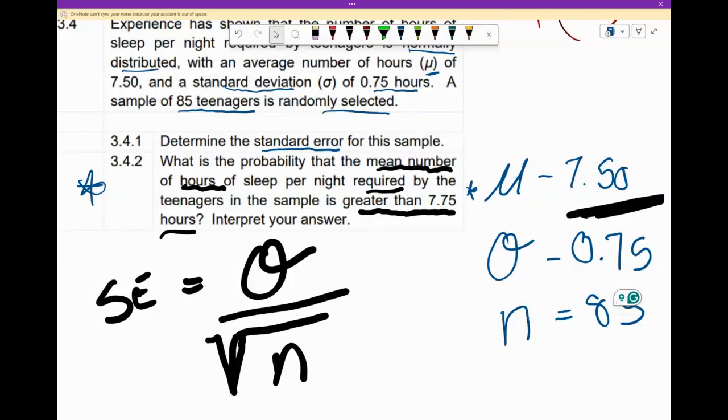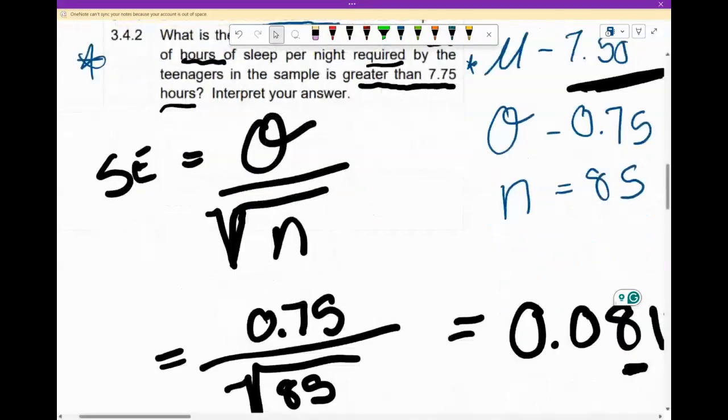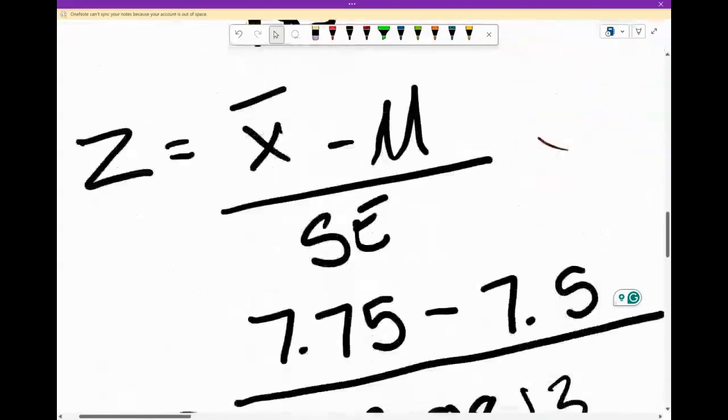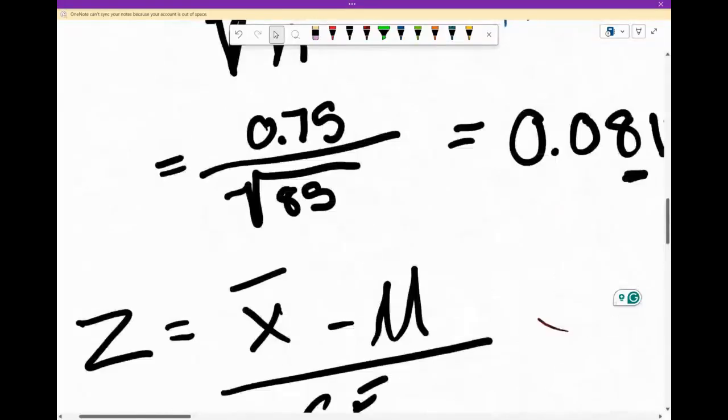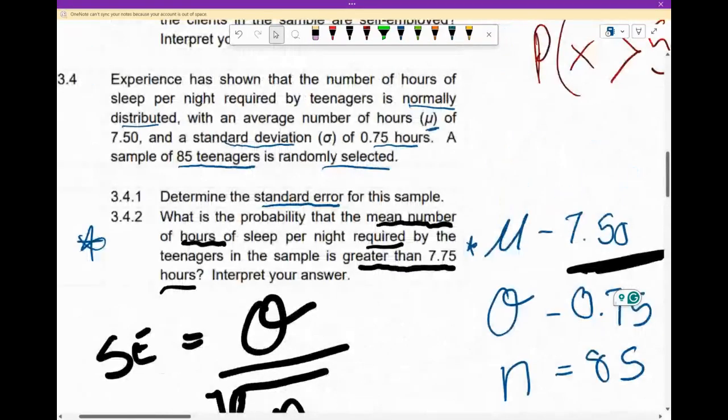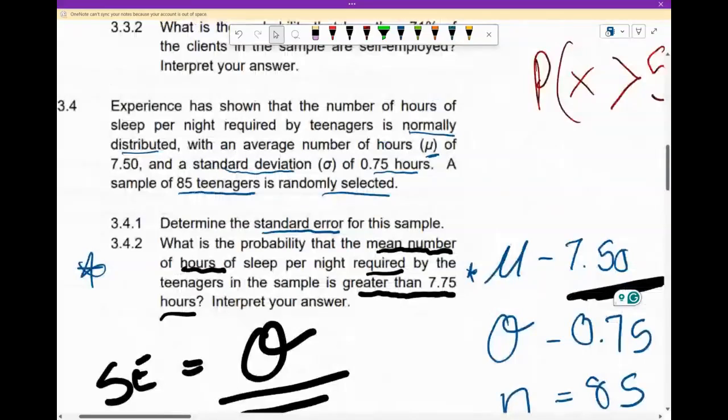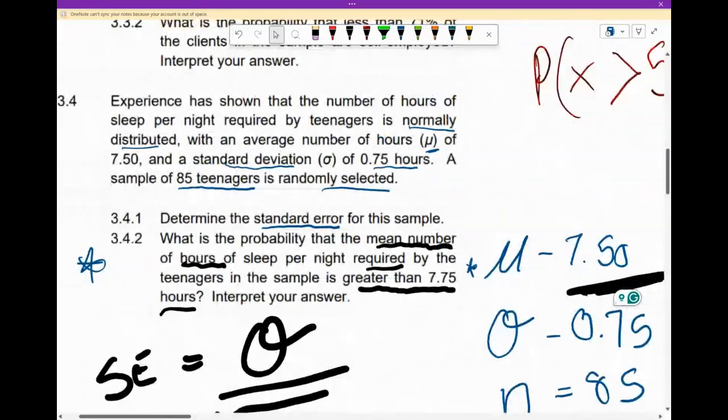So the probability that the mean number of hours of sleep a night required by the teenagers in this sample is less than 7.75 hours. Not less than, greater than. So what was the final number? 0.11%. Oh, I thought it was 0.01. So what are you saying? Say what you're saying. That I said greater than 7.75. That's it.